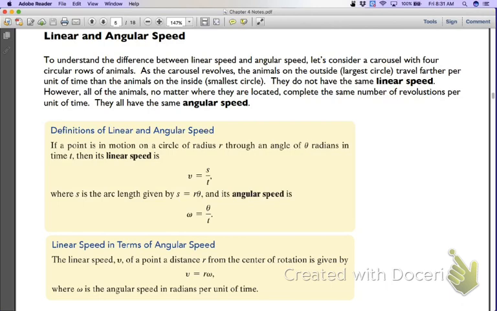So the biggest thing is the difference between linear and angular speed. The example that we use is you go to the zoo and you go to a carousel. And what's happening? The carousel's going in a circle, right? What are the actual animals doing though? They're moving linearly, right?